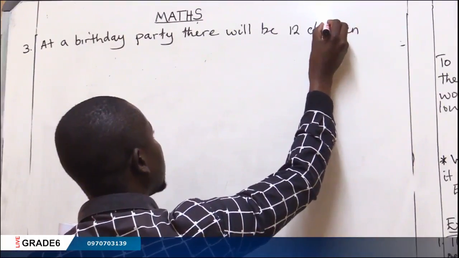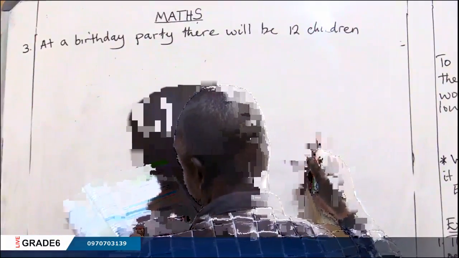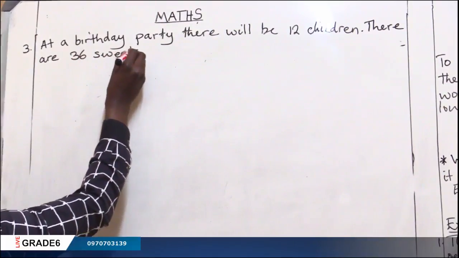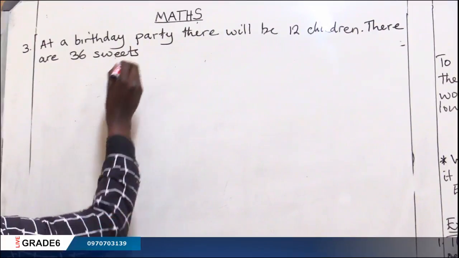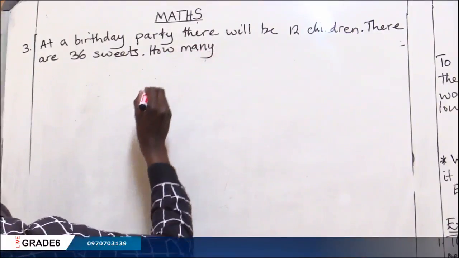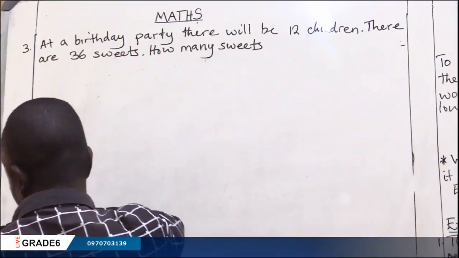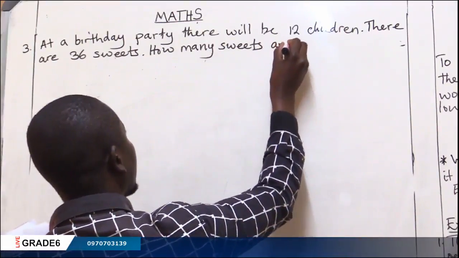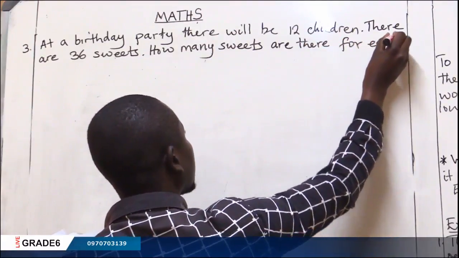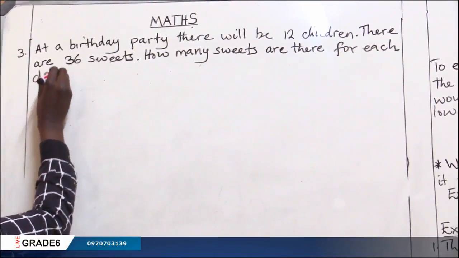There are 36 sweets. How many sweets are there for each child?